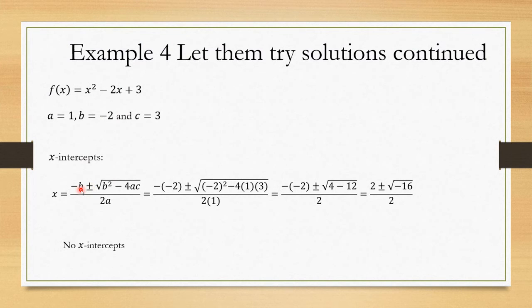We have minus b, plus or minus b squared and all that. I replace b with minus 2. So this is minus 2, right? Which is just 2. We have plus or minus the square root. That's b squared. Minus 4 times 1 times 3. Okay?